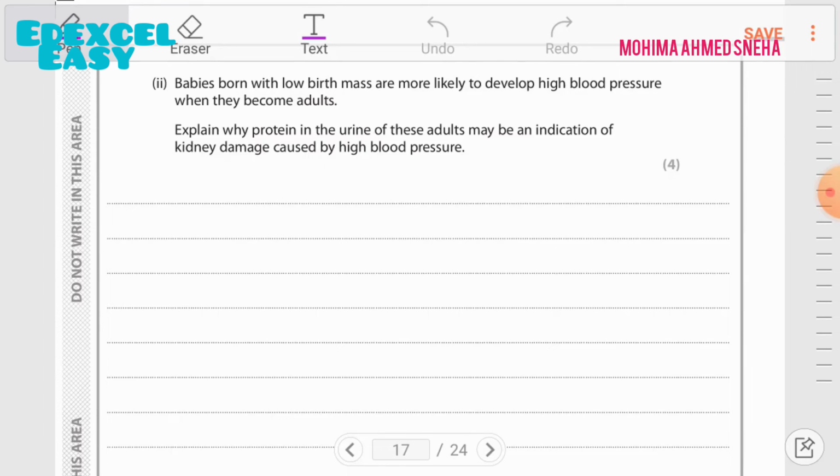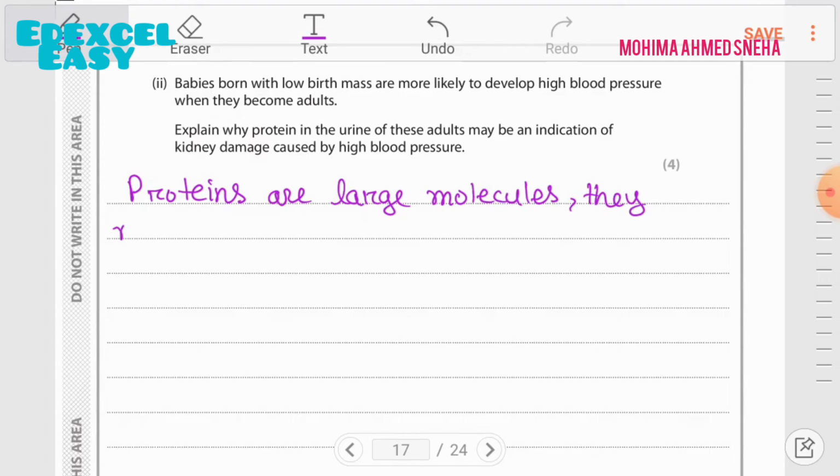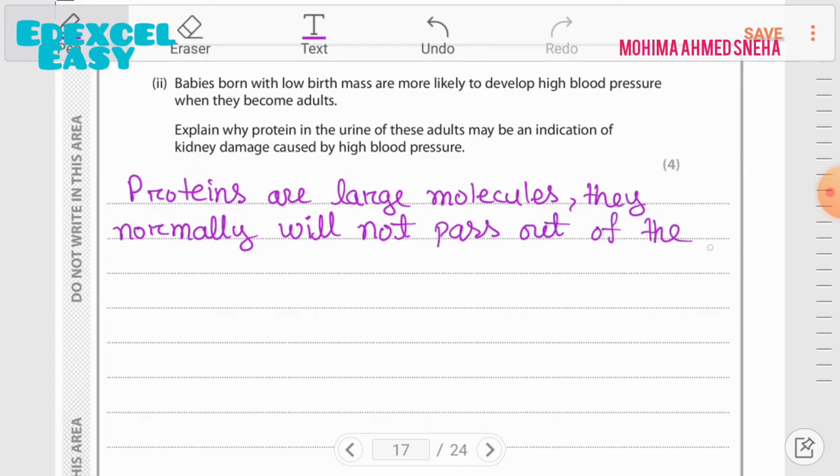They normally will not pass out of the glomerulus, but due to high blood pressure, I'm going to write it as BP, protein molecules are forced out of the glomerulus, therefore damaging the glomerulus.